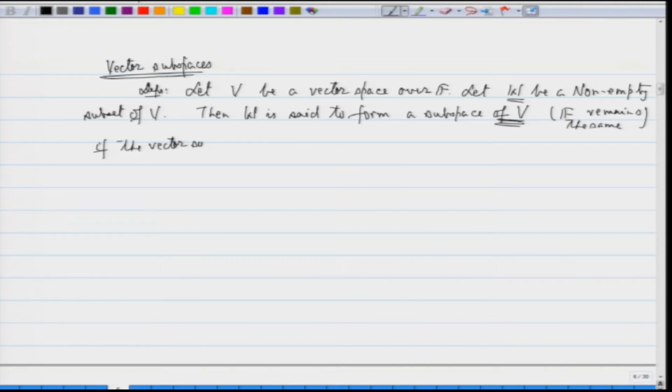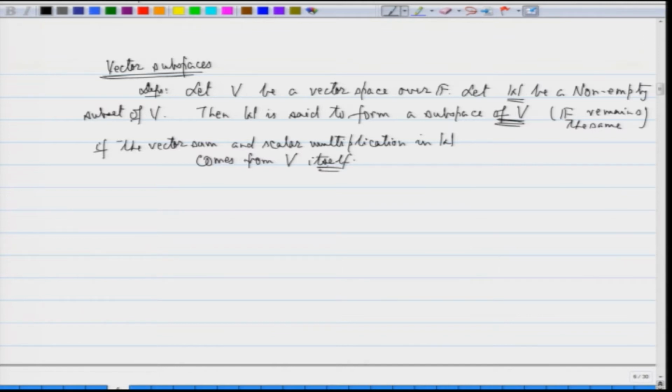vector sum and scalar multiplication in W comes from V itself, all right.